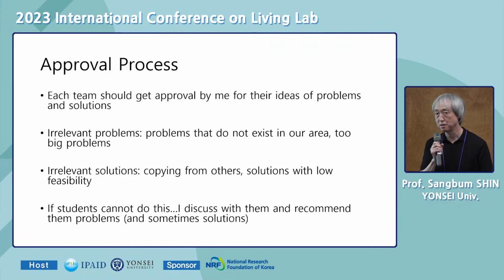At the beginning, they look like they don't have any idea about the local problems, but after repeating this approval process again and again, they became really interested in the local problems, because if I don't approve, they cannot get the grade. So that makes them more seriously involved in the local problems.